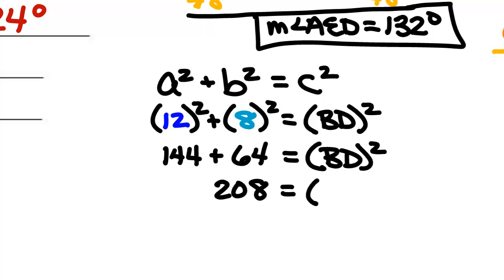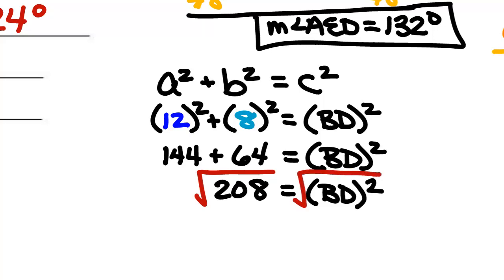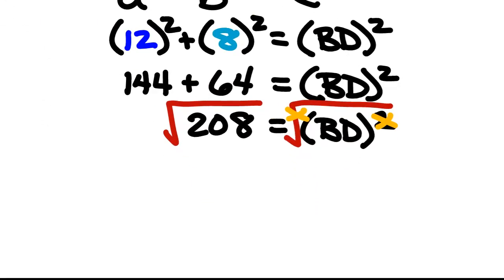So 208 equals BD squared. And then we do the square root of both sides to isolate BD. Squared and square root cancel each other out. And the square root of 208 is approximately 14.422.